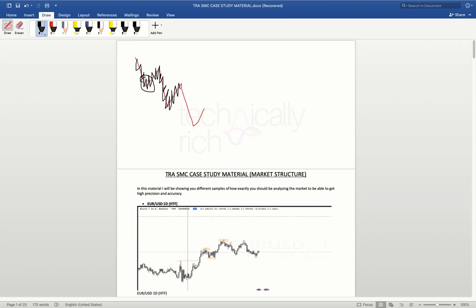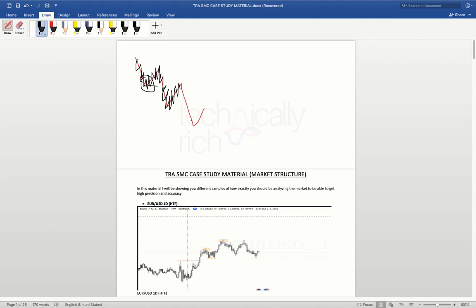You should remember that the higher time frame is showing you a downtrend and you are currently at the low of the higher time frame, and that is the same reason why you are having a break of structure on the lower time frame to go bullish. So you understand that if you catch any kind of movement here on the lower time frame, you are trading a pullback, a retracement of the higher time frame.